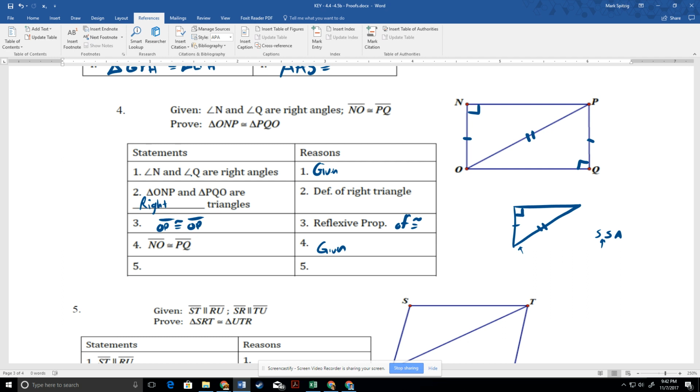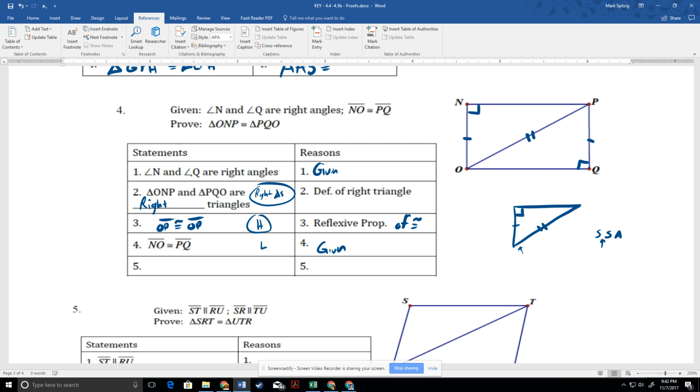These are right triangles. If they're right triangles, HL is a possibility, and it actually ends up being hypotenuse leg, or HL in this case, because there's still three things we need. It needs right triangles. Check. We did that. They're right triangles. It says so in step 2. That's one thing we need. We need the hypotenuse, which in this case is a reflexive hypotenuse, which we have right there.